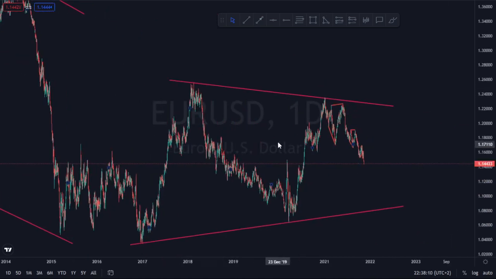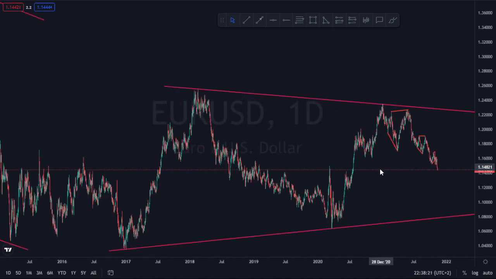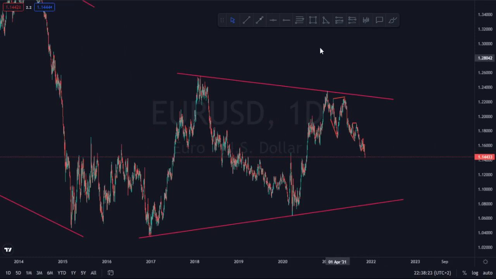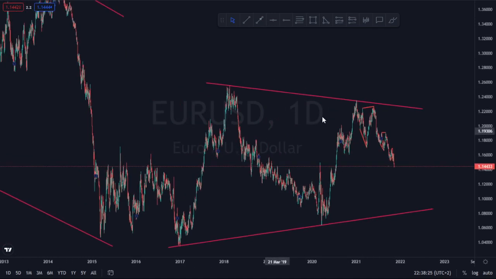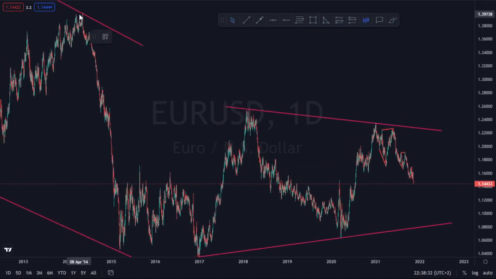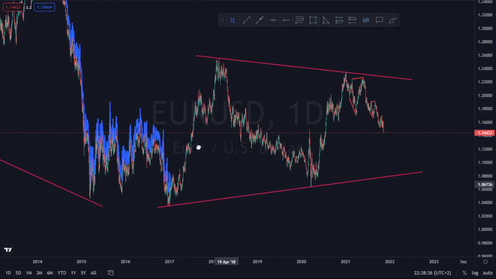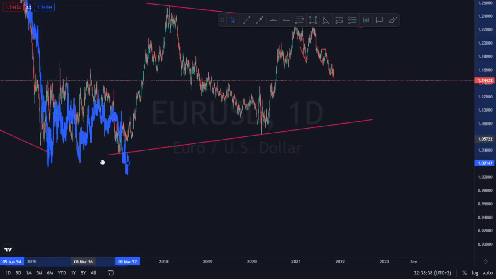Those of you who are my regulars know that I trade patterns, for me patterns just play out. So right now we are in a descending pattern as well. Let me just show you guys something. But this is more of a long term view.